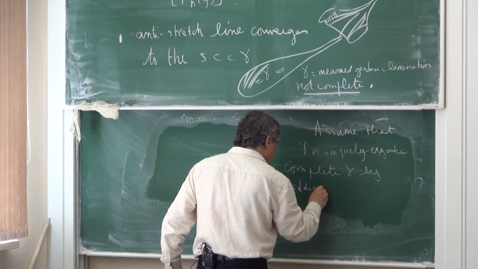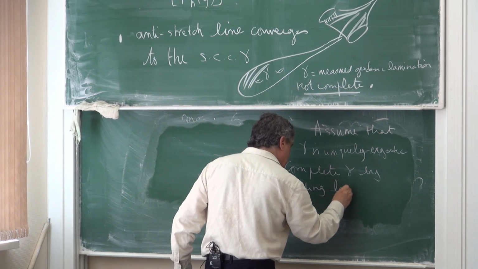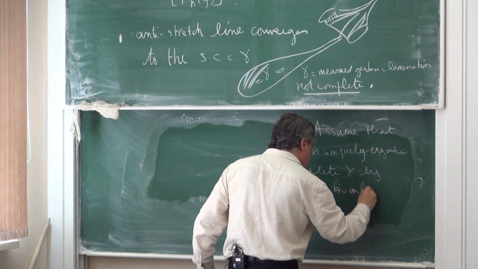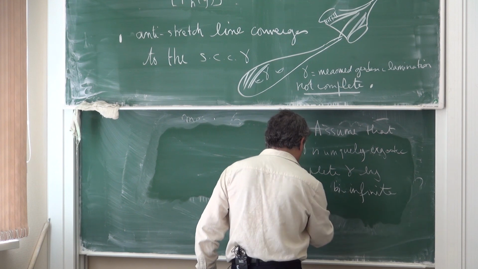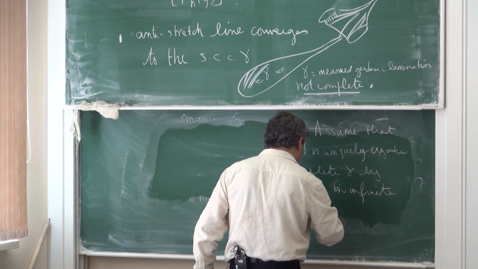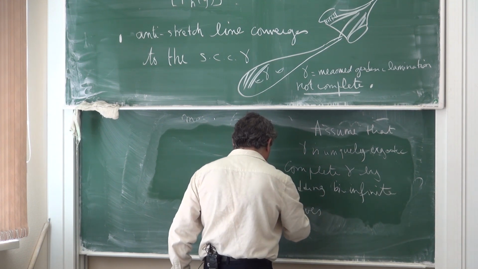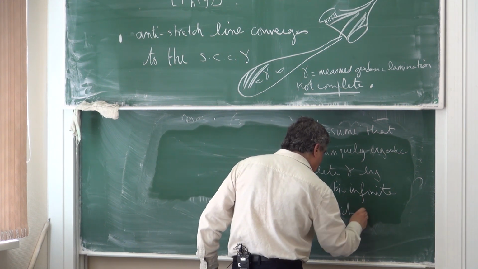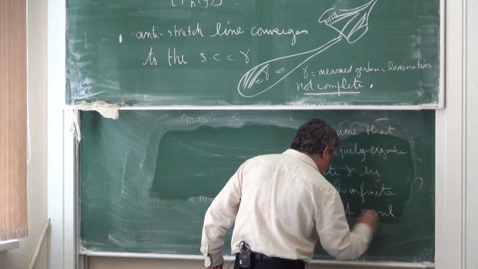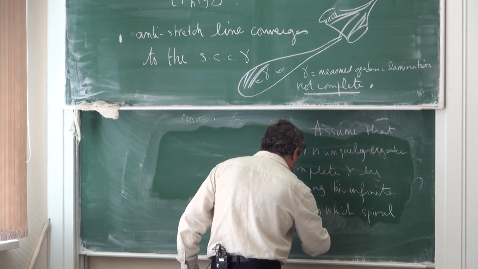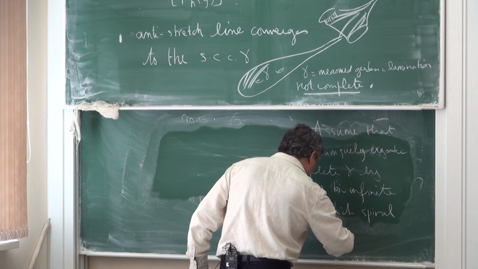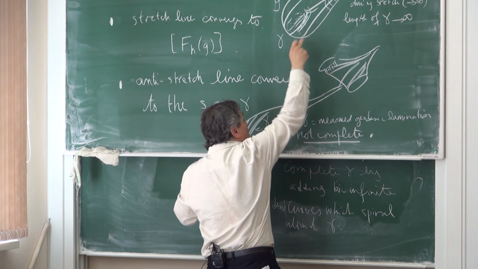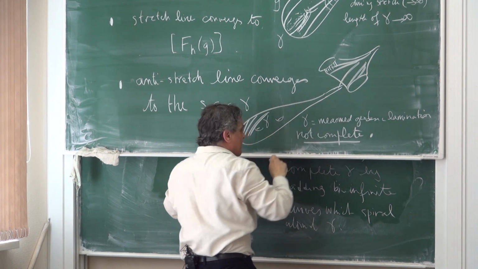Assume that gamma is uniquely ergodic, and now complete gamma by adding infinite geodesic curves which spiral around gamma. If gamma is a simple closed curve, then we know what it means to spiral around gamma.